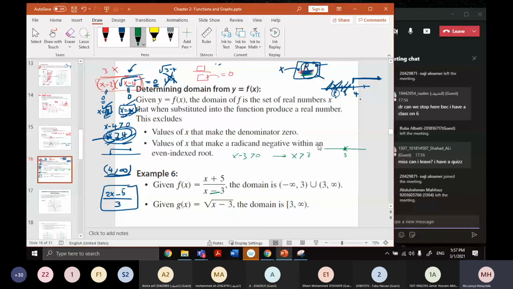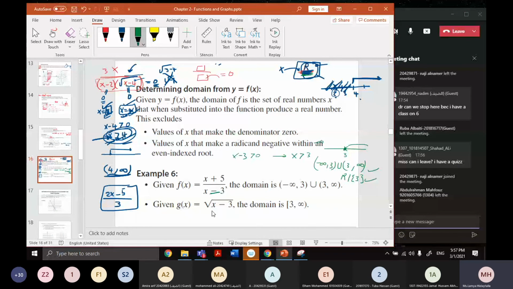That means from minus infinity up to 3, union, after the 3, from 3 up to infinity. I can write it like that, or you can write R except the number 3, also a correct way. Clear?